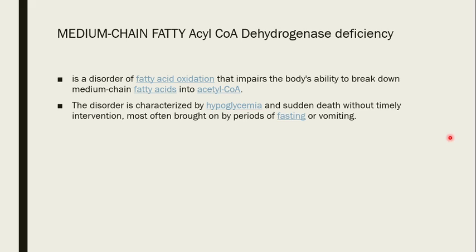So with this one, we also have the medium chain fatty acyl-CoA dehydrogenase deficiency. What happens is we can't break down the fatty acid. If we can't break down the fatty acid, of course, there is no sugar, nor proteins being eaten. So this is the time that you would be dead, or somehow it will give you hypoglycemia since nothing is producing sugar, and sudden death without timely intervention.